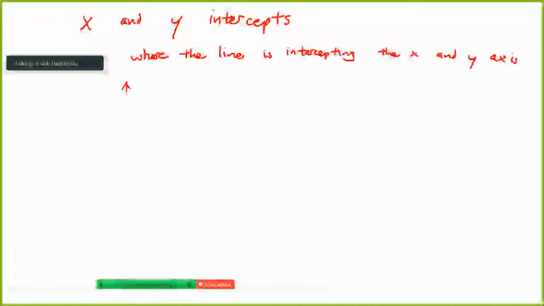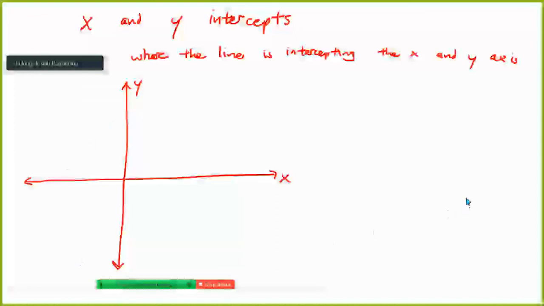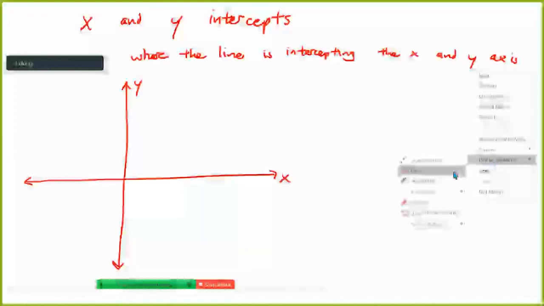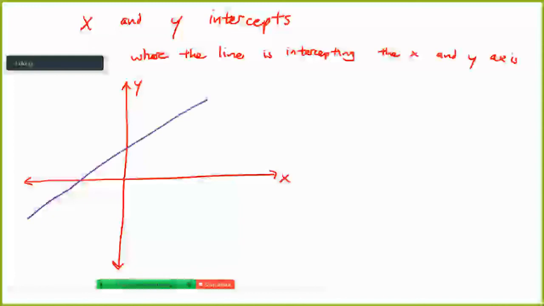All right, so let's just draw a picture to make an example. So here's another generic XY plane, XY. And in purple, I'll put my line in there again. Here we go, another nice positive slope line.